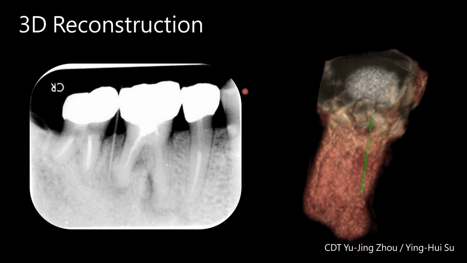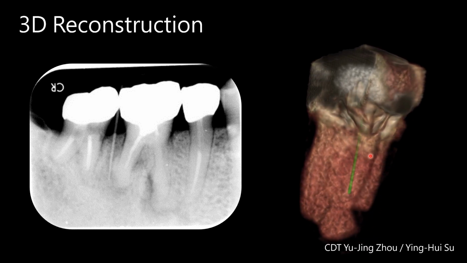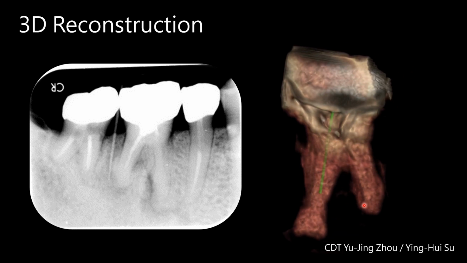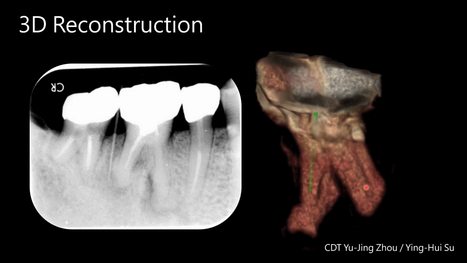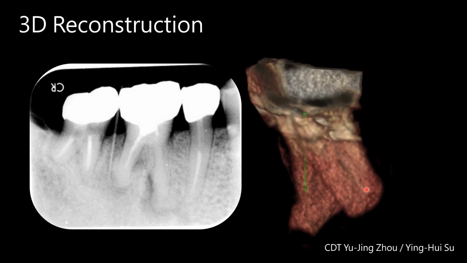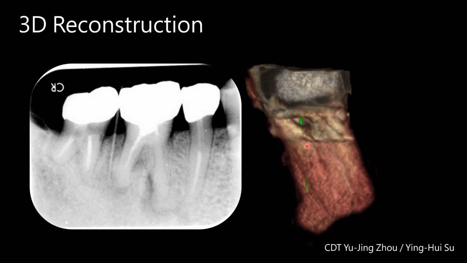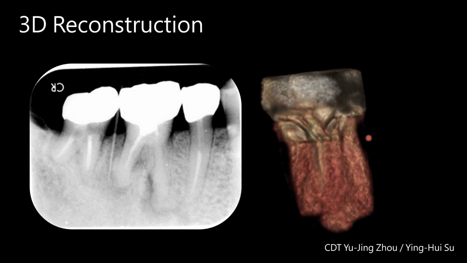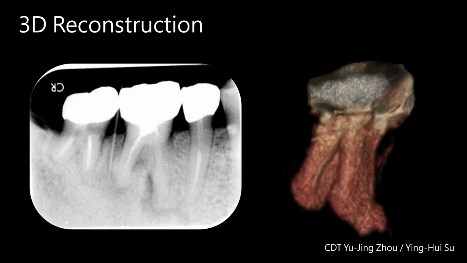I used 3D Slicer to do a 3D reconstruction, which is the tool here. You can see the irregularity of the ridge surface of the cementum, the hypercementosis. And the green cylinder here is the pathway we try to use to reach the apex.